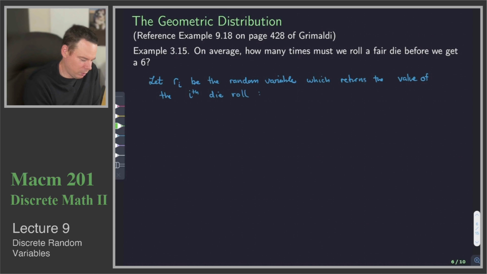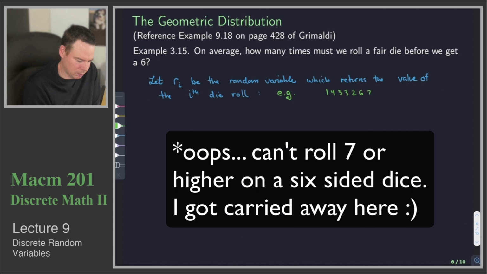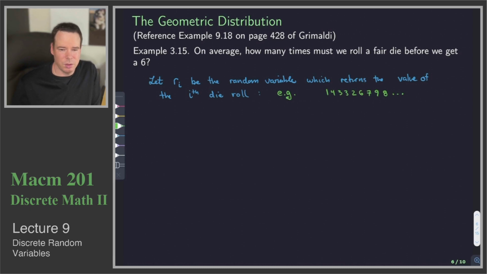So what would that look like? For example, suppose I rolled a die and I got a 1, a 4, a 3, a 3, a 2, a 6, a 7, a 9, an 8, and so on. So that's my infinitely long sequence of die rolls. What Ri is doing is it's going to return the ith value.